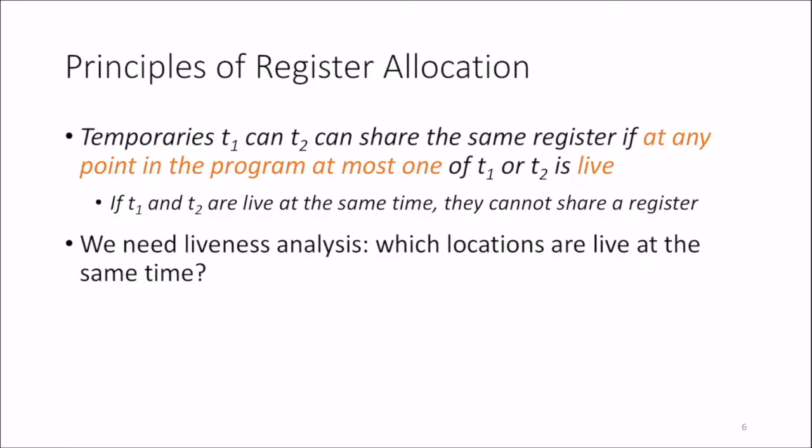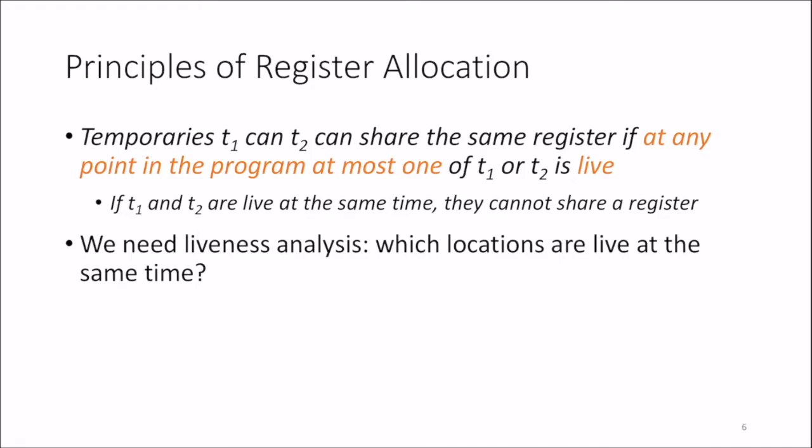So the principles of register allocation are as follows. Two temporary locations, T1 and T2, can share the same register. A temporary here can be either a real temporary, which was introduced when we did code generation, or it could be just a location, like a local variable that needs to be stored somewhere and used.